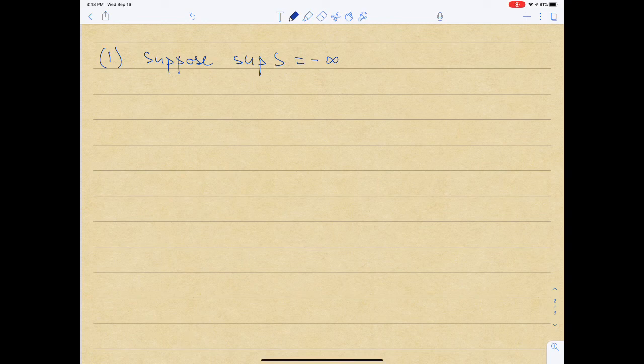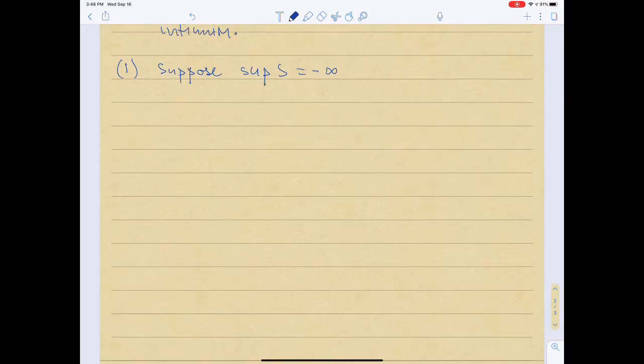So that means that if you have supremum of S equal to minus infinity, we can define what that means as well. It just means that S contains no elements at all, right? Because I cannot have any elements, the largest of which is minus infinity.